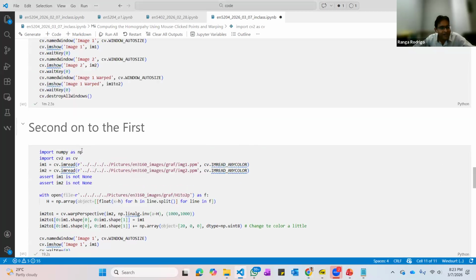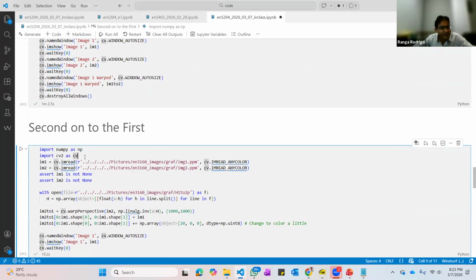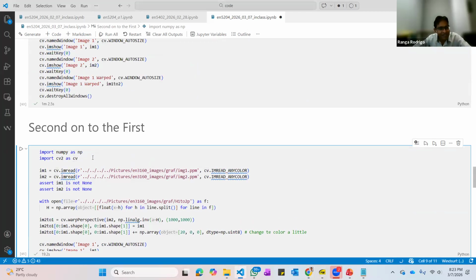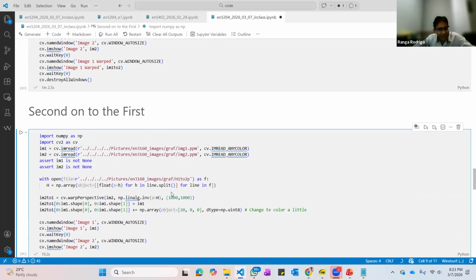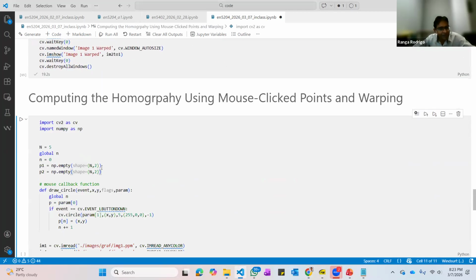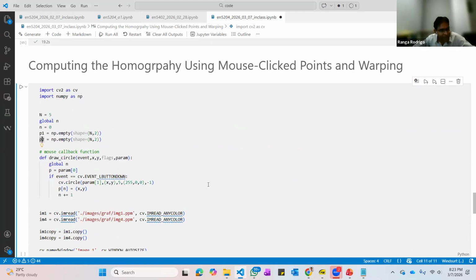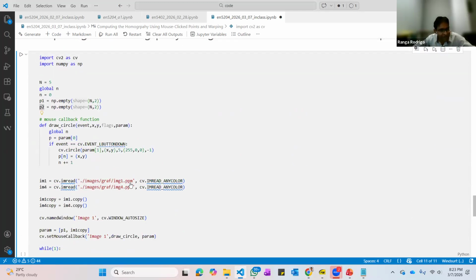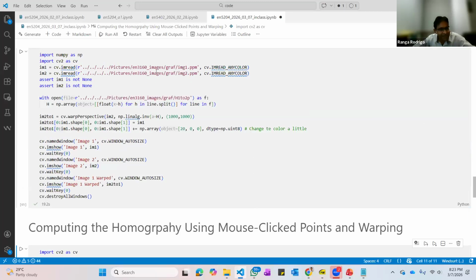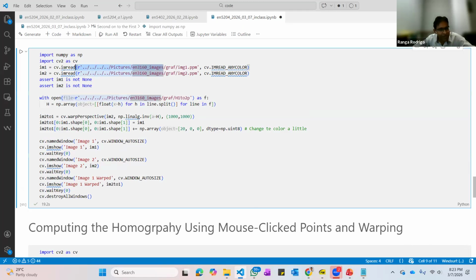Okay, you can see that this imports numpy and cv, and we are importing numpy as np. N is 5, the number of points that I have to click. The point 1 to keep the first image at the first point, second point, and there's a mouse callback function. And then these images, of course, you know that this location has to be accessed properly.